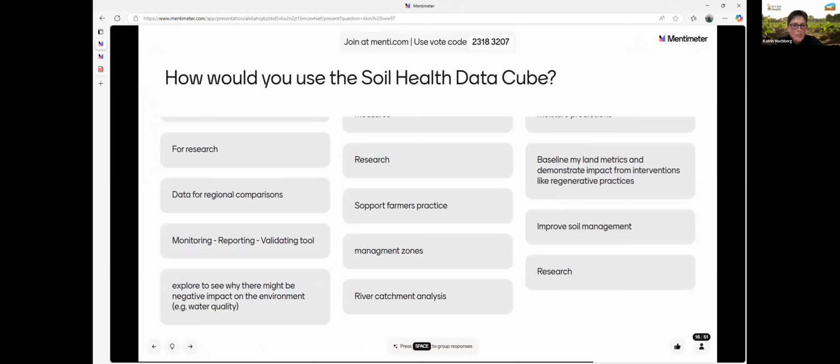Quite a few from farmers here, or actually land managers looking at their own land, wanting to understand the baseline really, and wanting to demonstrate the impact from interventions, which is exactly what it's designed for. Some research related ones, river catchment analysis, insurance connection there earlier, supporting farmers' practice, really good, really helpful.